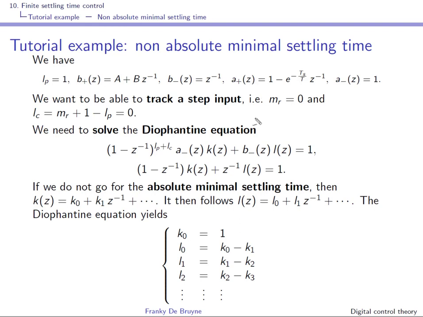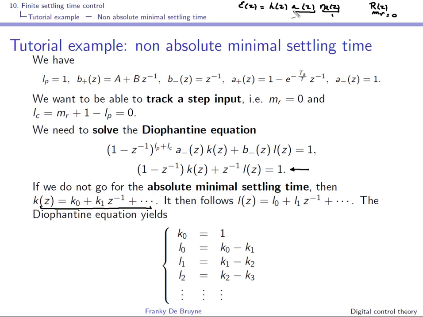So we'll obtain the same Diophantine equation, this one over here, but this time we'll make K z a polynomial of z minus 1. The idea is as follows. Epsilon z is K z A minus z, and then this polynomial that comes from R z. If you take MR is equal to 0, this one is 1.